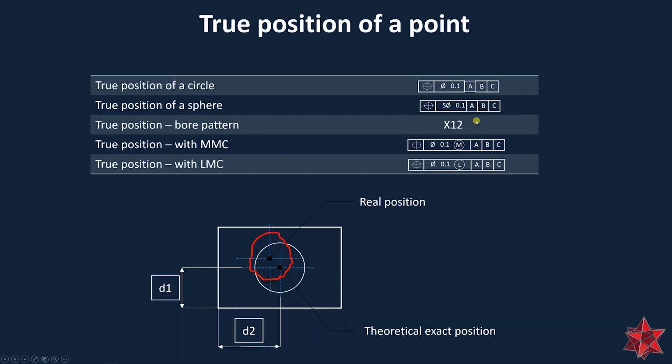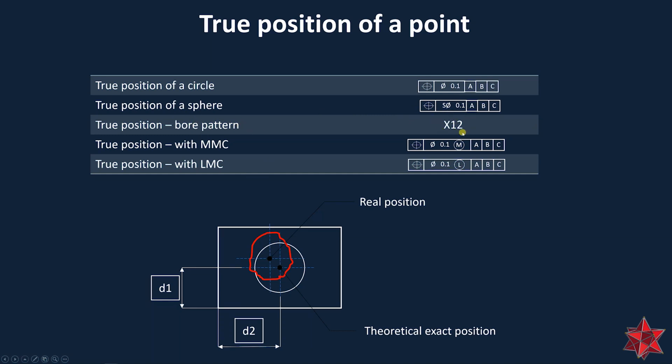A bore pattern will be exactly like this, but it will also have the times and how many holes you have on the part with the exact diameter, right? So if it will have, I don't know, a diameter of 10, and then it will have a diameter of 11 and 12 and so on, then it will not be a bore pattern.